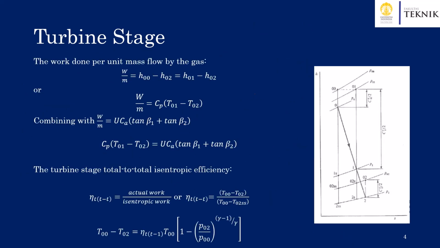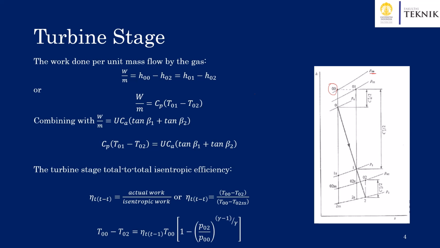From the thermodynamics point of view, we can also analyze the turbine stage by looking at this Mollier diagram with the enthalpy and entropy of the gas that moves through the rotor and stator, where the fluid at the inlet conditions is at total pressure P00 here and total enthalpy of H00 here.